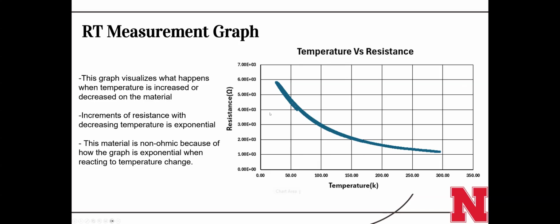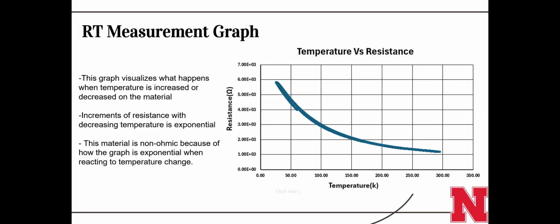And once it starts to cool down, the resistance starts increasing because it goes back to its original state, getting stronger with its covalent bonds. Now, the increase of resistance with decreasing temperature is exponential. And that's why the material is non-ohmic, because of how the graph is exponential and how it reacts to temperature change.